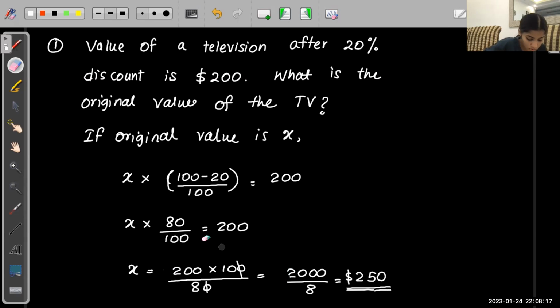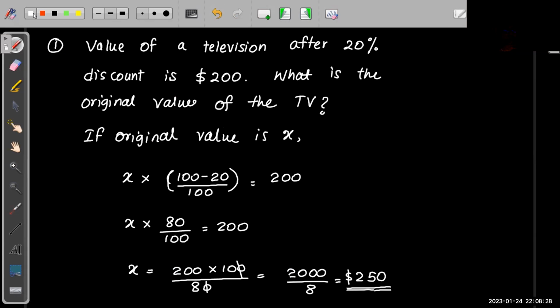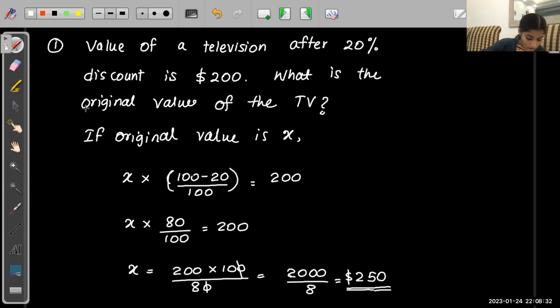So for this, I have to first do 100 take away 20, and then I have to divide it by 100, which equals 200. So 80 is coming from 100 take away 20.